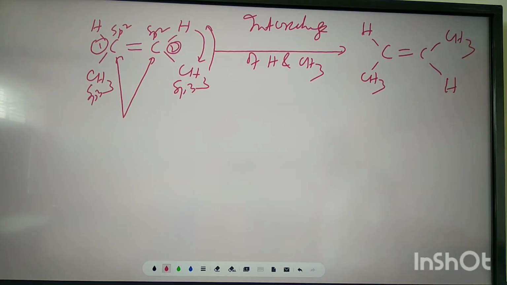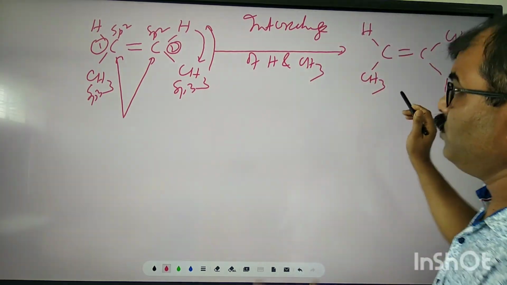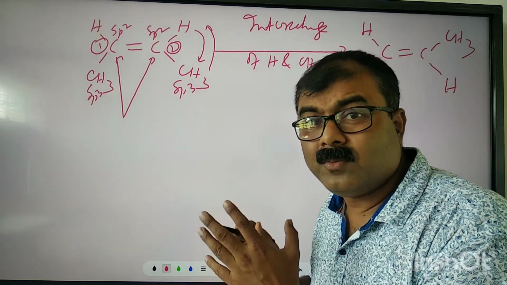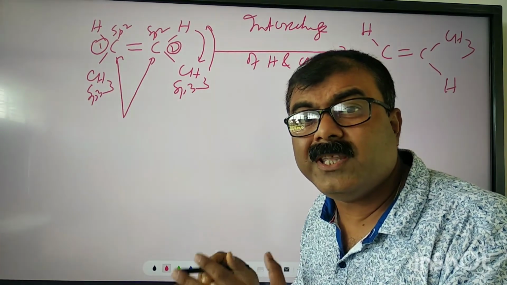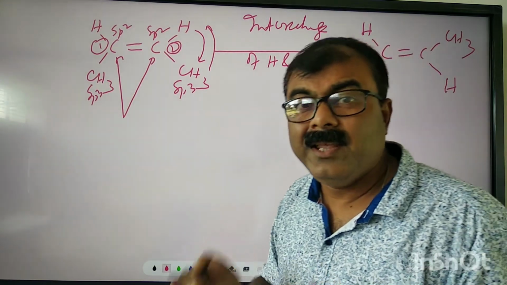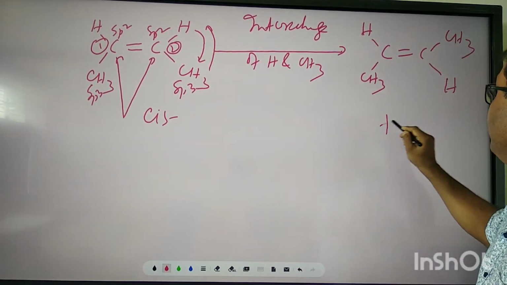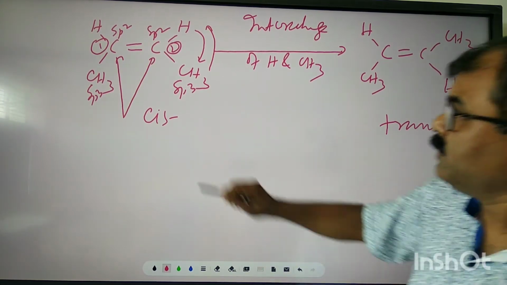We have interchanged. Now after interchanging, see whether we are getting a new stereoisomer or not. Yes, we are getting a new stereoisomer. We can say this is a cis isomer, this is a trans isomer.